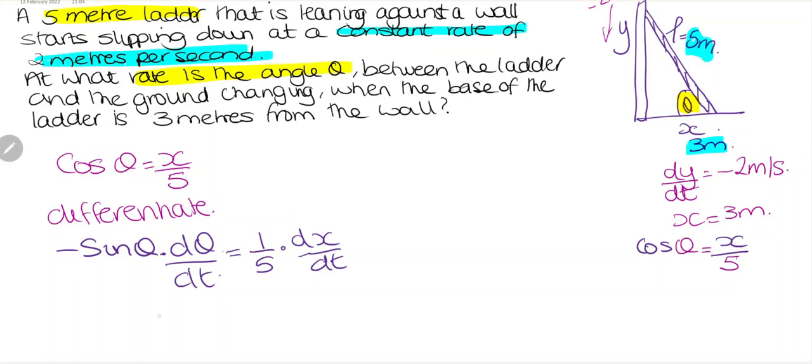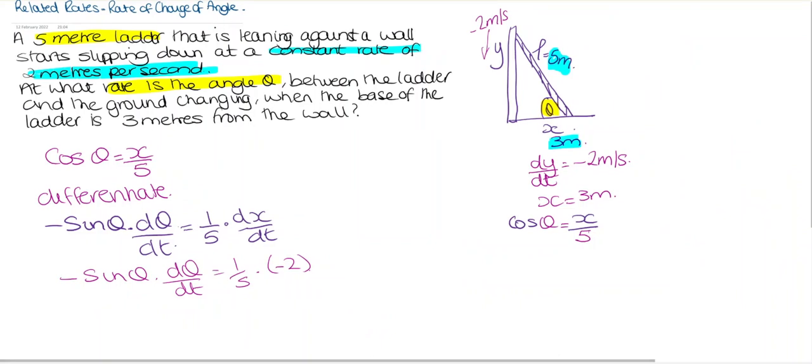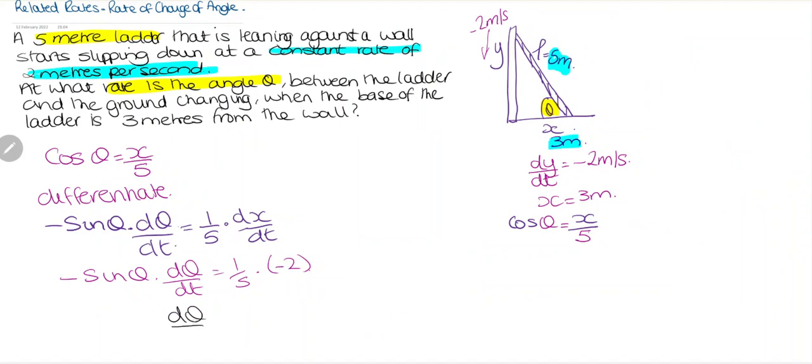So we have minus sine of theta, d theta dt, equals a fifth multiplied by negative 2. So if we rearrange this, we've got minus sine theta d theta dt is going to be negative 2/5.